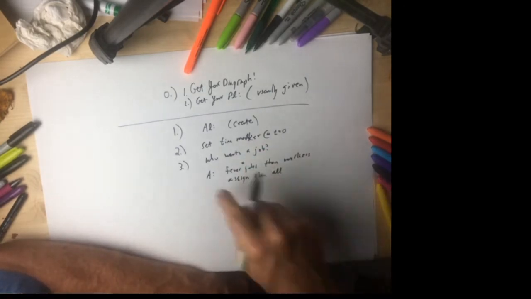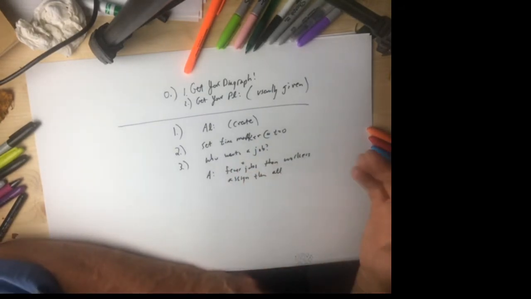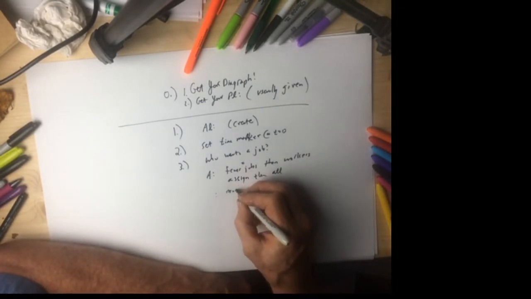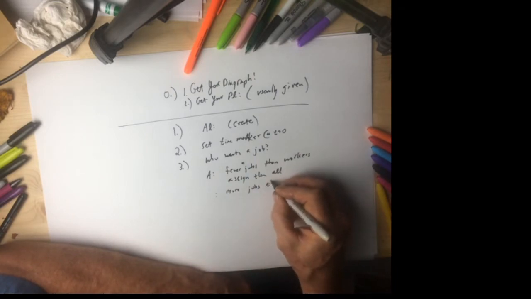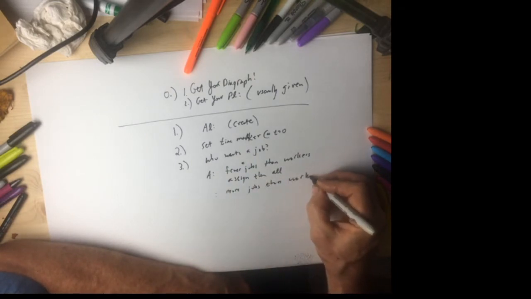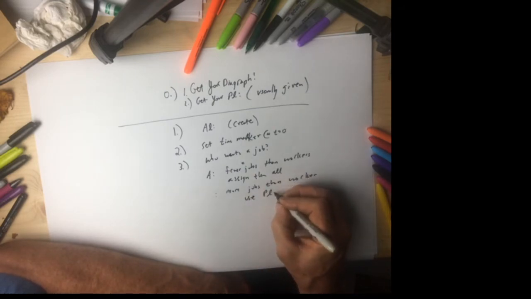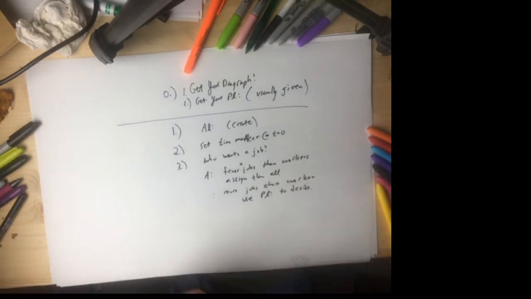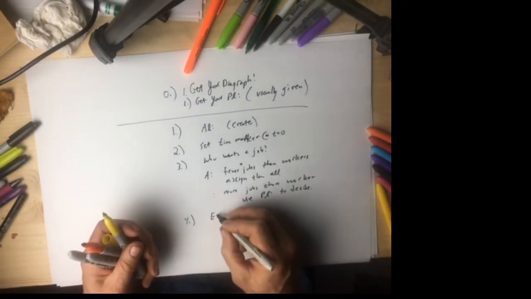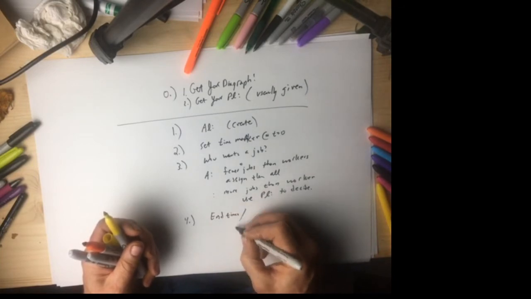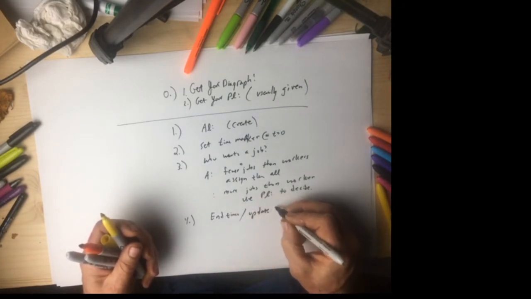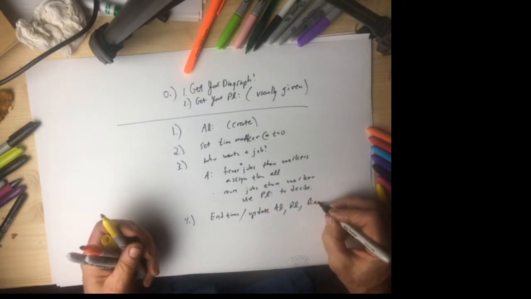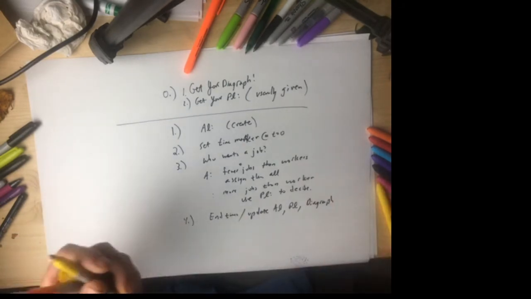Or equal. So if one person's available and one job's available, you just assign it. More jobs than workers, use the priority list to decide. Now, once the jobs are put in place, you update the available list, the priority list, and the digraph to keep track of what's been assigned.